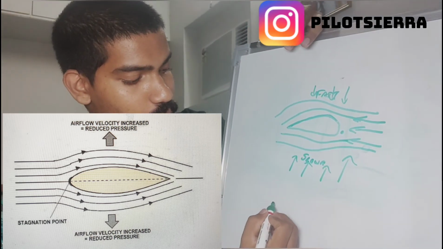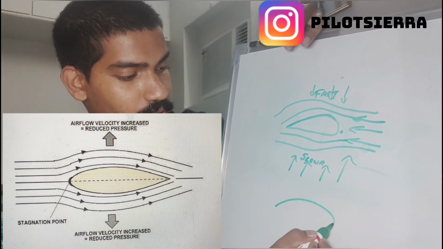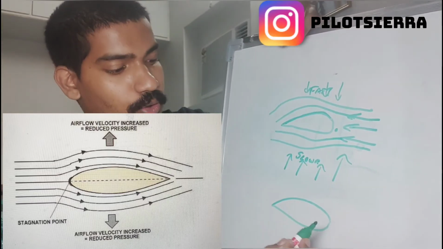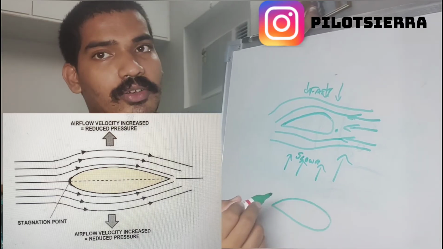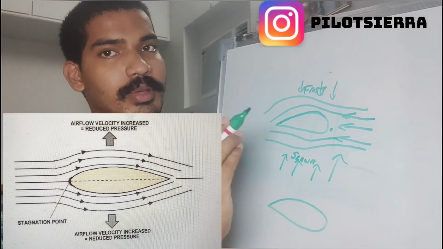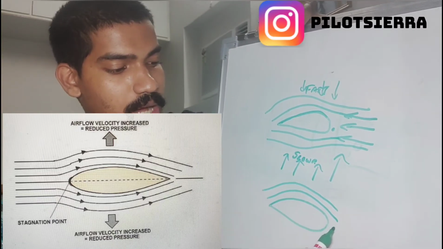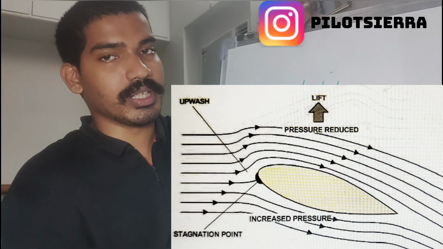Now let's take into account a symmetrical aerofoil. I've told you before that with zero angle of attack, there won't be any lift created because the speed of the airflow above and below would be the same.